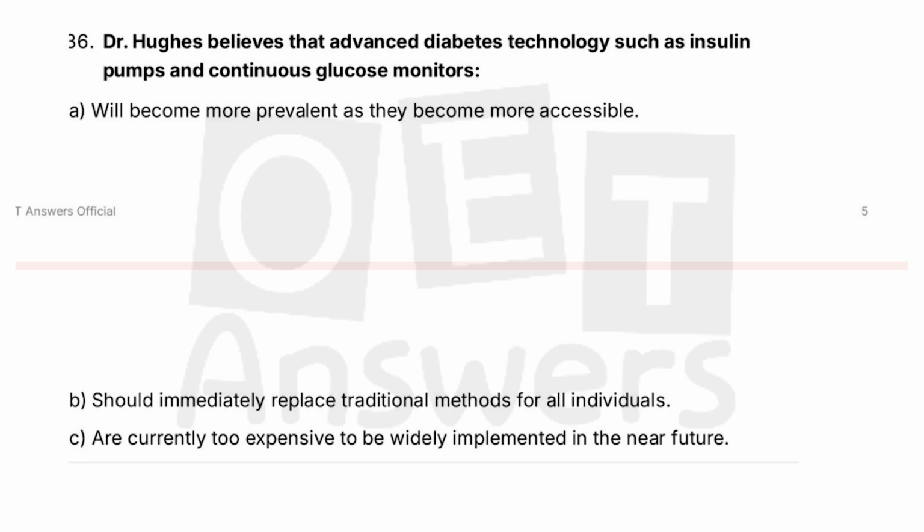So this is the final question in extract one. Dr. Hughes believes, his hope that advanced diabetes technology, technology such as insulin pumps and CG monitors. So about CG monitors and insulin, what is his belief? Again, you are searching for his perspective: Dr. Hughes' viewpoint, opinion, suggestion, attitude.